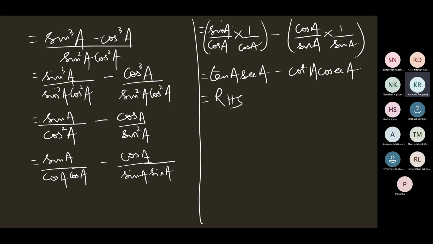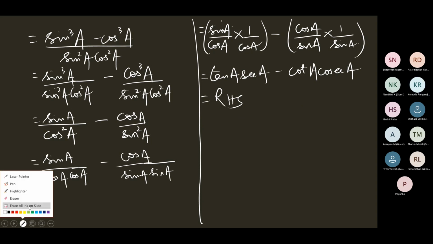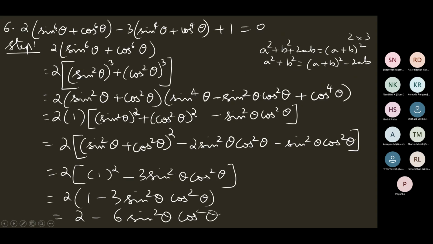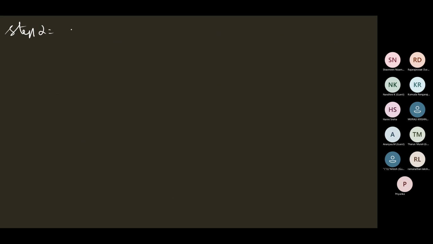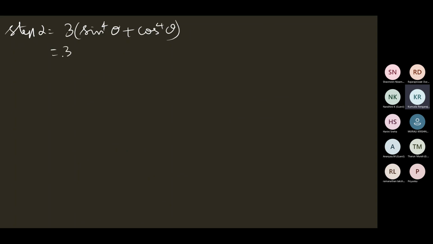So now moving on to the second part, step 2. We'll not take that minus sign, leave that. So 3 into sine theta to the power 4 plus cos theta to the power 4, that's the second part, then plus 1. This should be written as 3 into sine squared theta, the whole square, plus cos squared theta, the whole square, because 2 into 2 is 4.